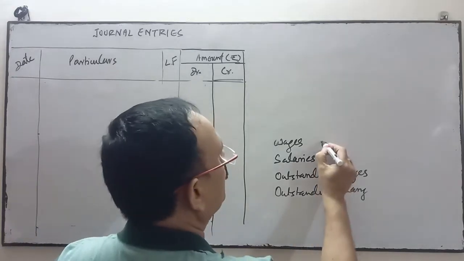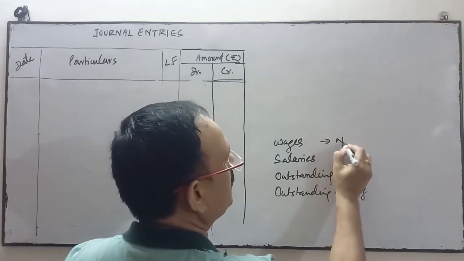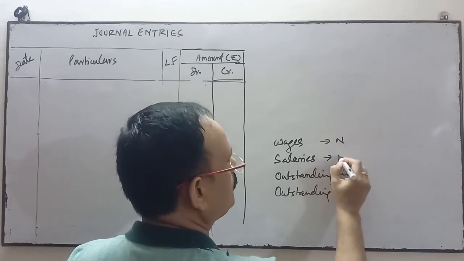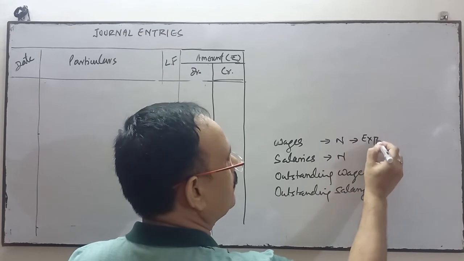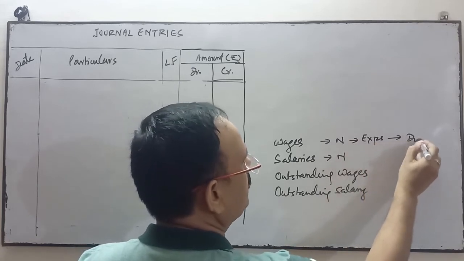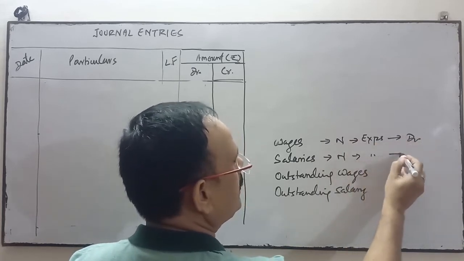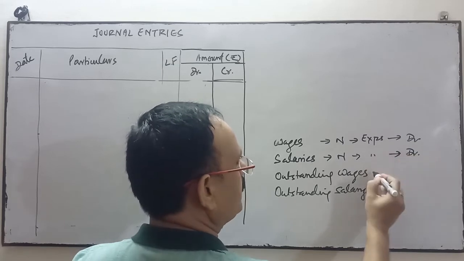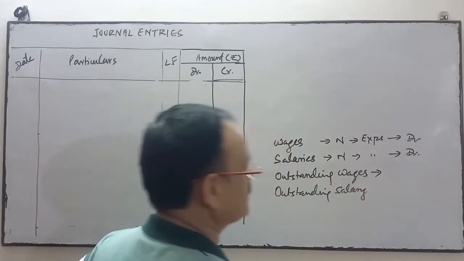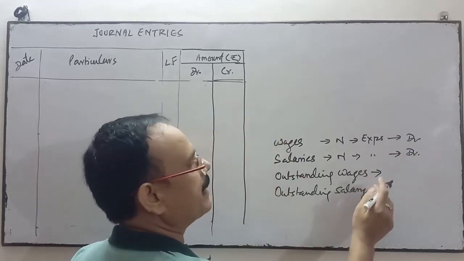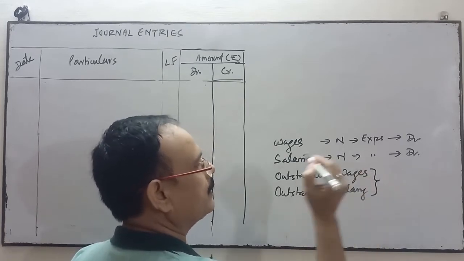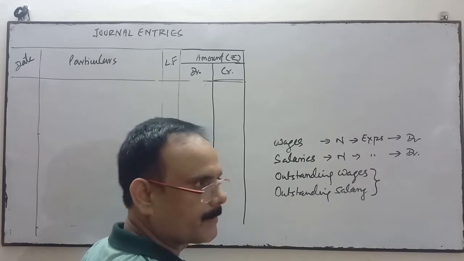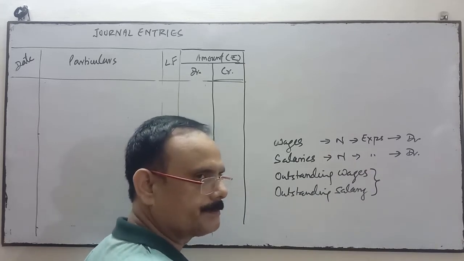So here wages comes under nominal account, salary also comes under nominal account: all expenses and losses debit. Outstanding wages and outstanding salary, which account do they come under? Personal, real or nominal?